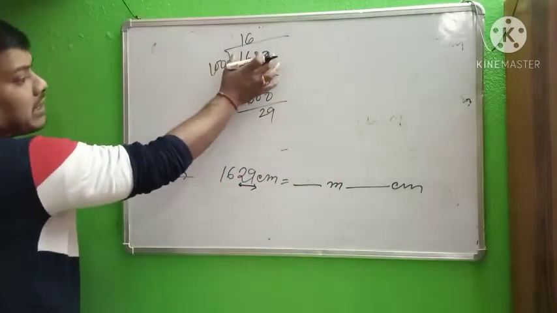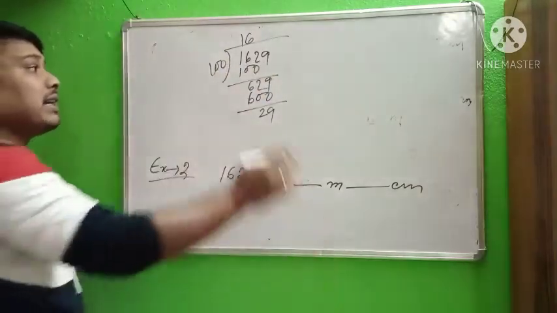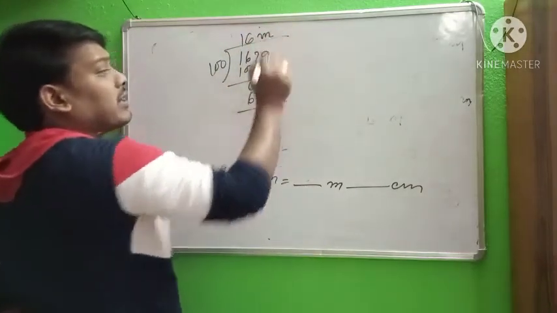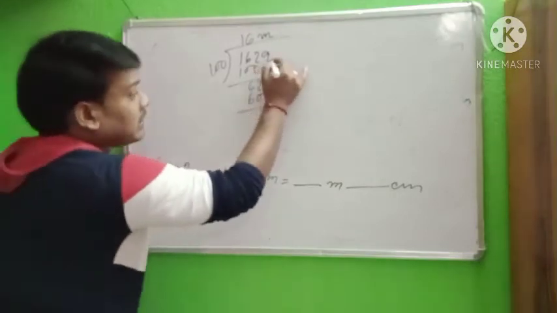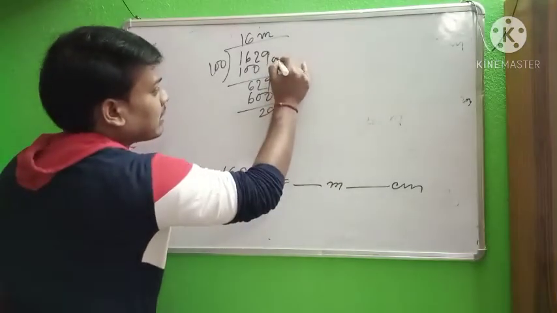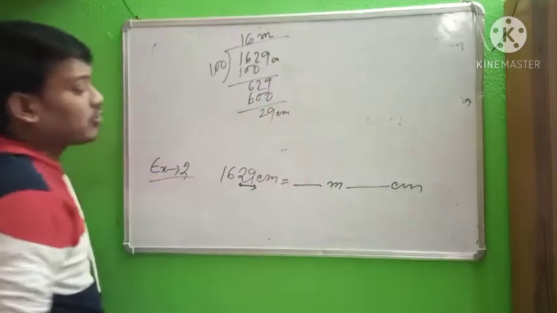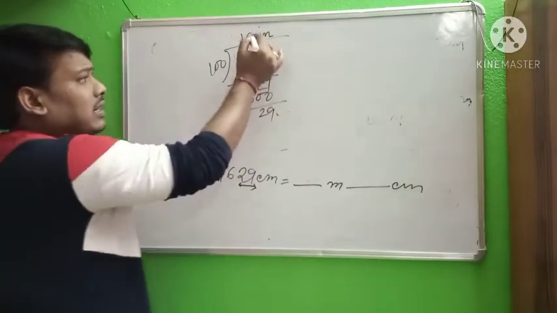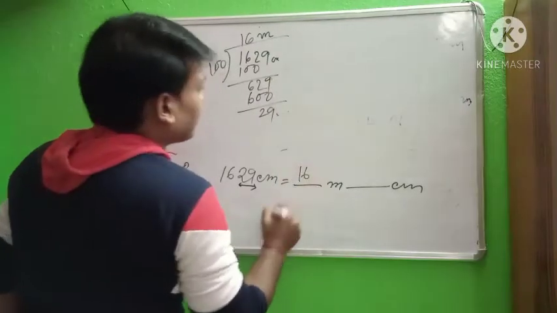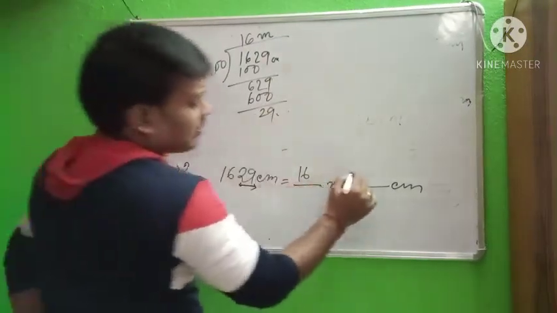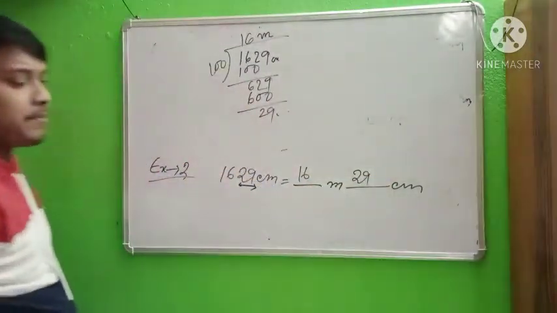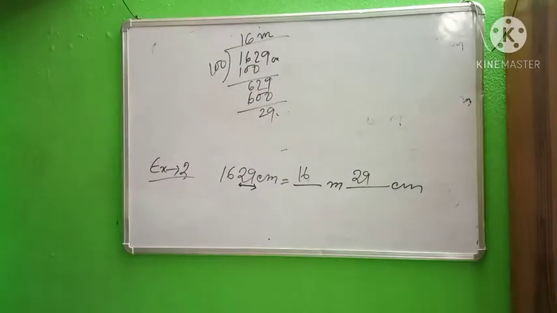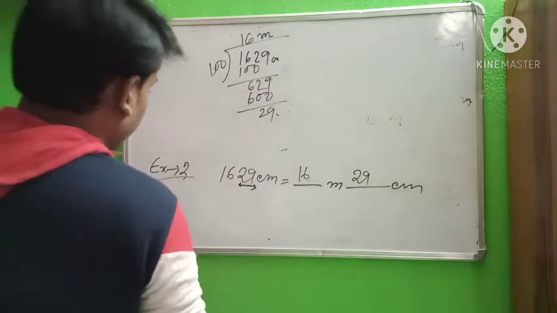When we divide the centimeter by 100, the result comes in meter, and this remainder is the part of centimeter. So in this way you can solve also. Divided by 100, the result is 16 meter, and the remainder is in centimeter. Okay, as you wish, in whichever way you solve the maths.